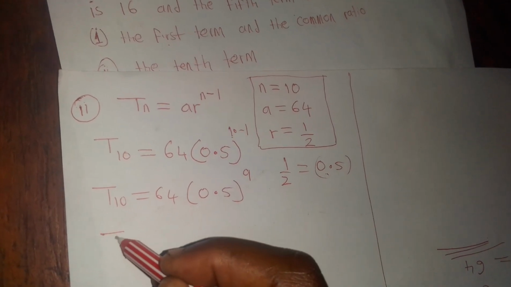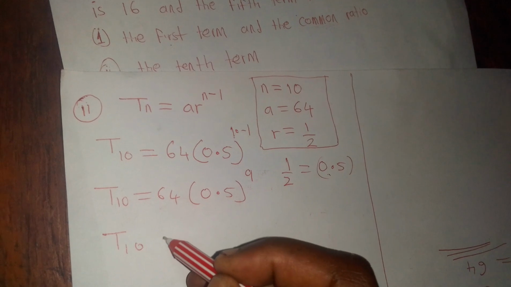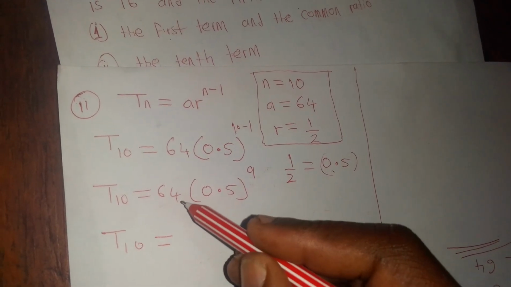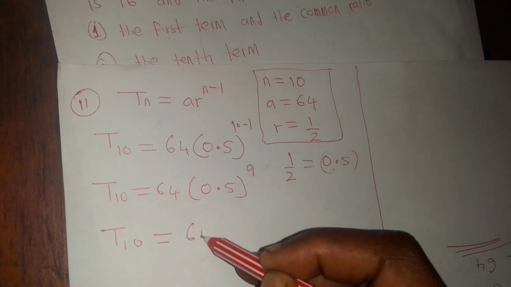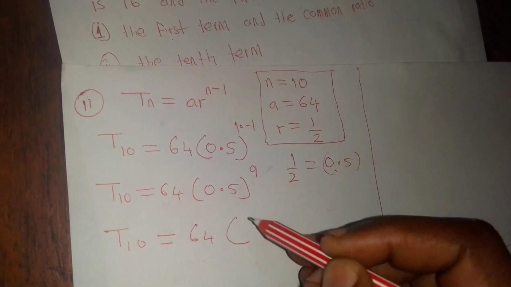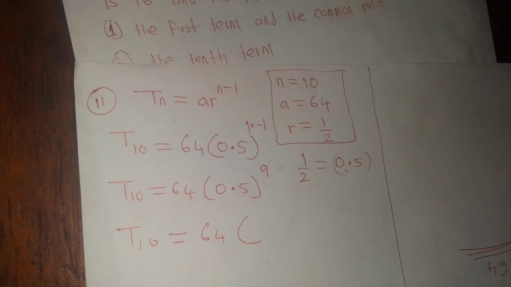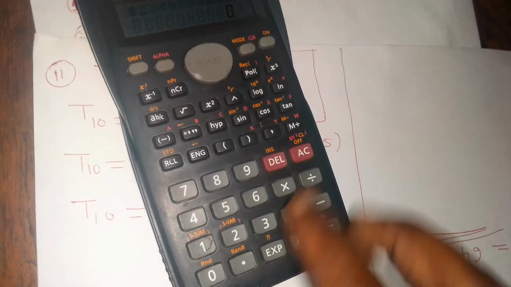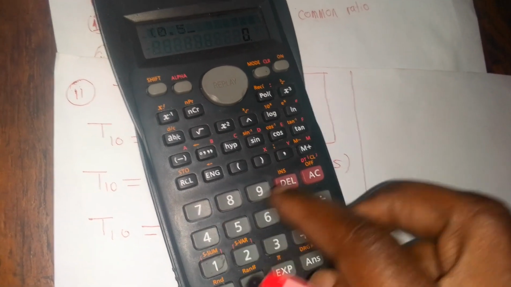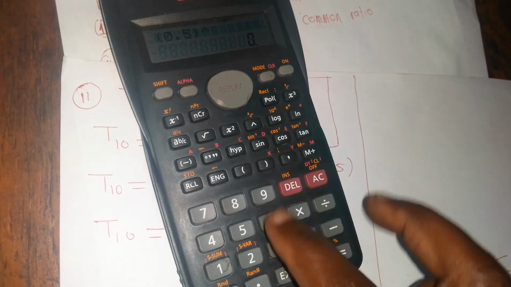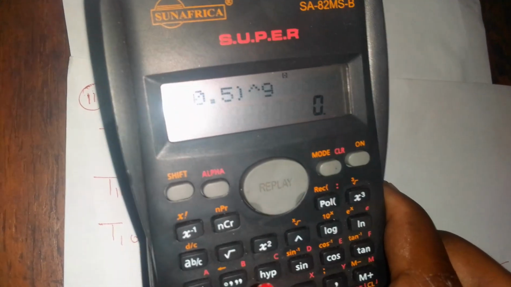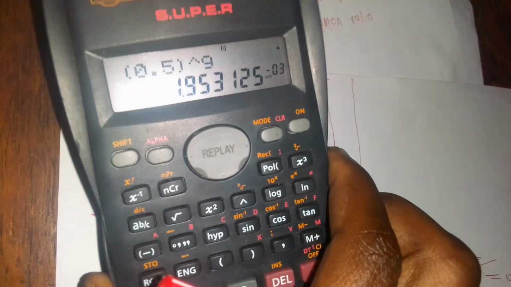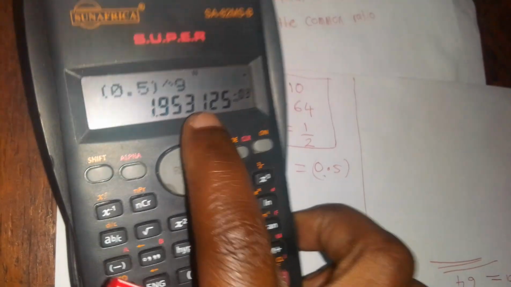Then I'll just use a calculator without wasting time. I can maintain 64, then deal with 0.5 to the power 9. I open the bracket, 0.5, to the power 9, equals.